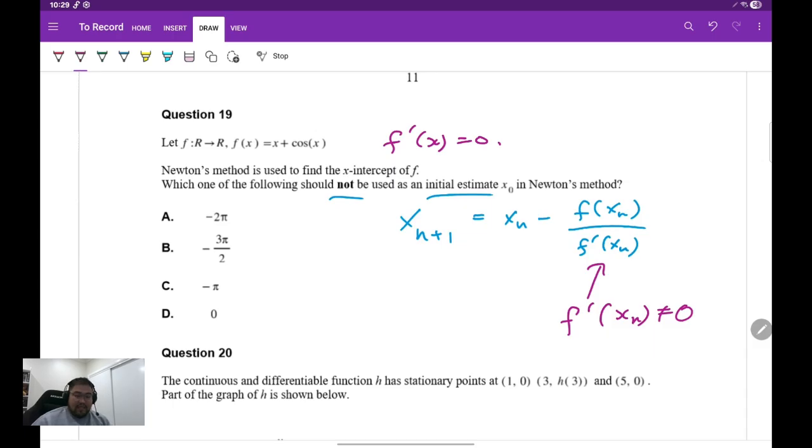It'll never reach the x-intercept, therefore never actually generate a new solution. So we need to work out firstly what f dash of x is. F dash of x is equal to 1 plus 1 minus sine x. And if we solve this for 0, so f dash x equals 0, we get sine x is equal to 1.